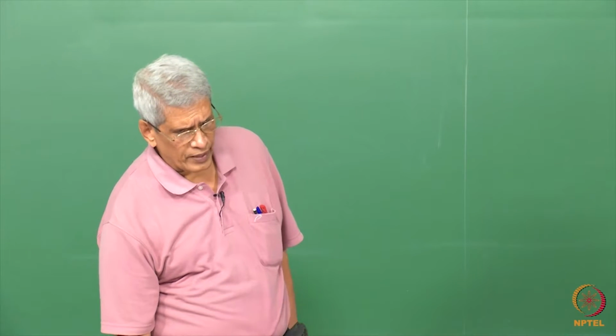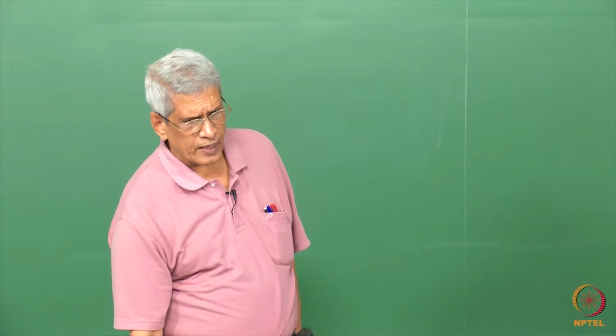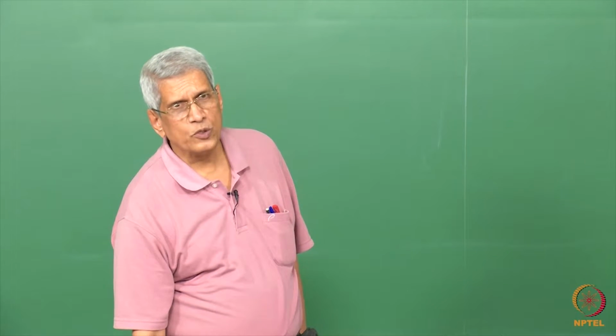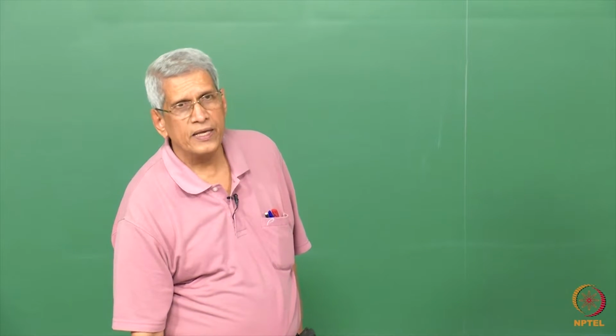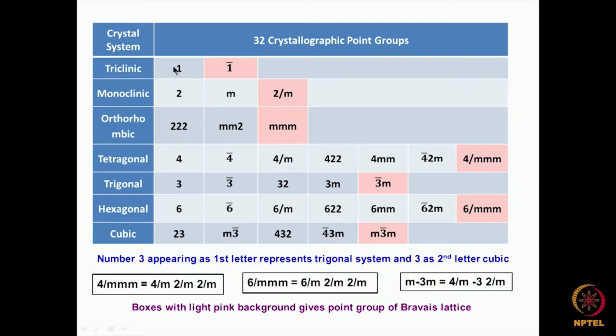If we look at it, the point group which is shown on the left hand side corresponds to the minimum point group which this system will have. The point group which is shown on the right hand side, in the background in pink, shows the maximum point group symmetry of the crystal.